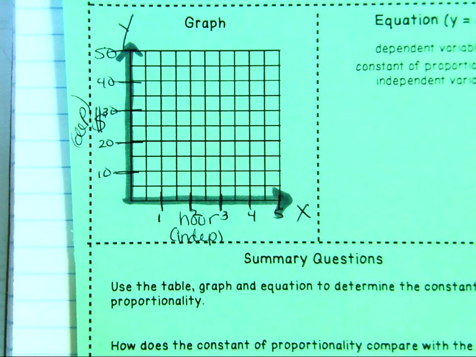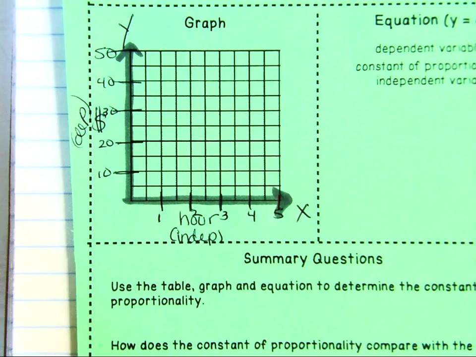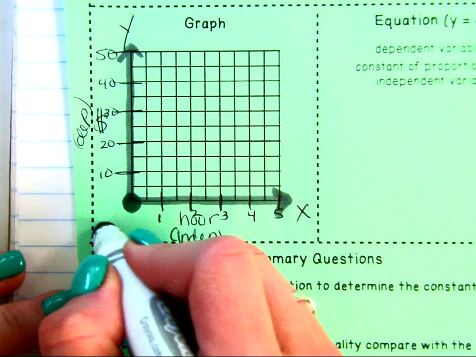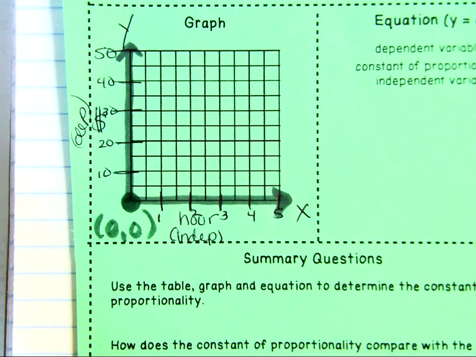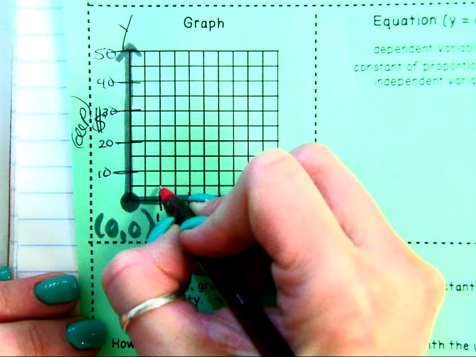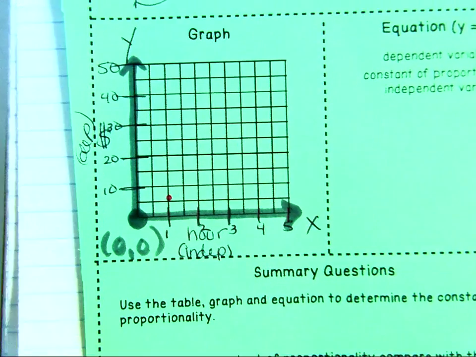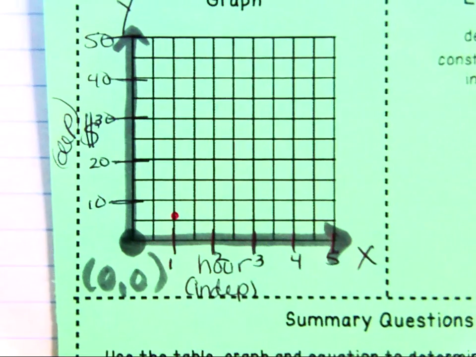So now when I go to plot my points, look what happens. What point needs to be on this graph for it to be a proportional relationship? 0, 0. Awesome. Straight line now. So let's look. 1 hour, 6. Well, if that's 5, 6 is just going to be a little bit above it, right? We are kind of eyeballing this, guys. 2 hours would be 12.